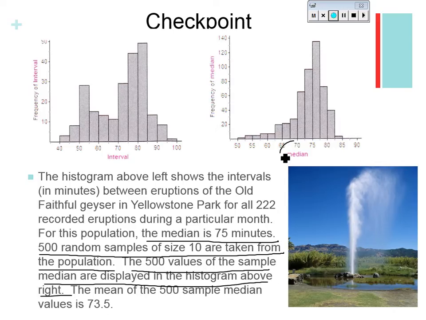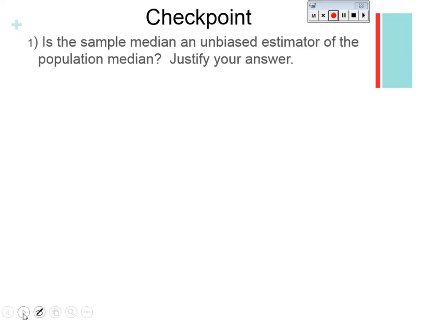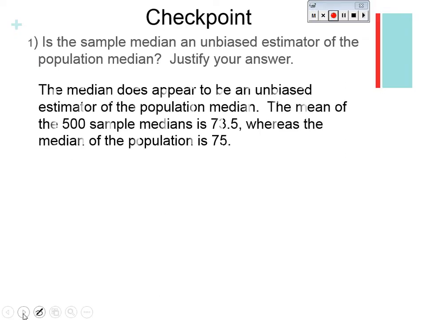The mean of the 500 sample median values is 73.5. The question asks, is the sample median an unbiased estimator of the population median? We would say that it does appear to be an unbiased estimator because the mean of the 500 sample medians was 73.5, where the population median was 75. Since these values are very close, the sample median appears to be an unbiased estimator.